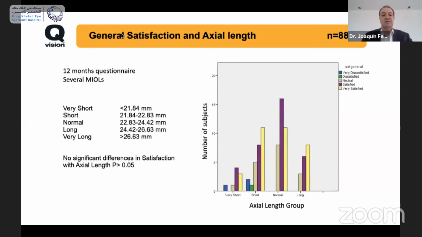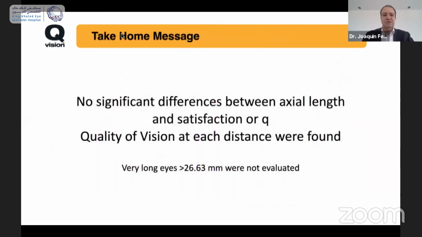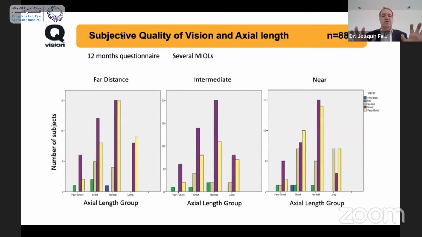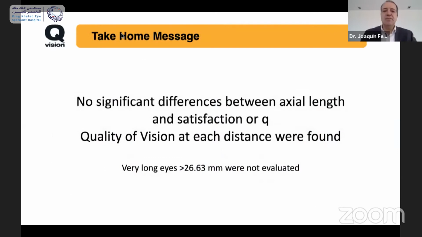There are no statistical differences. And when we compare far distance, intermediate, and near between these groups, we also cannot find any differences. So in the first controversy, the take-home message is that we don't have significant differences between axial length and satisfaction, talking about the quality of vision and its distance, okay?